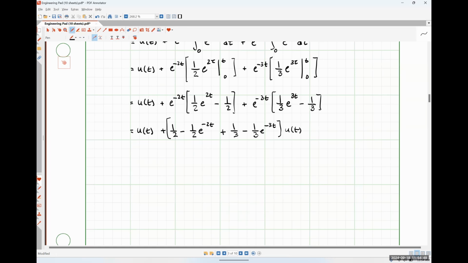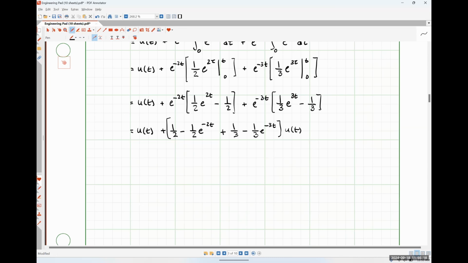I'm sure there's a mathematical reason that allows me to do this, but here's my logical reason. I can't let any of these exist before t is equal to 0 because I have a causal system. So this is just forcing causality on that mathematical expression. Realistically, I could actually be multiplying it by the whole thing, but u of t times u of t is just u of t.